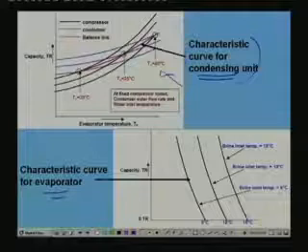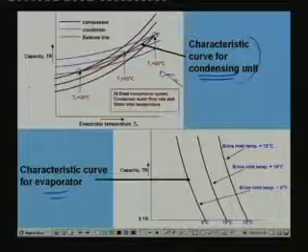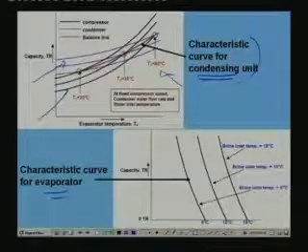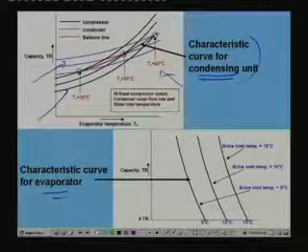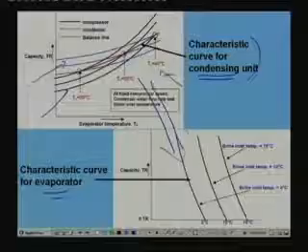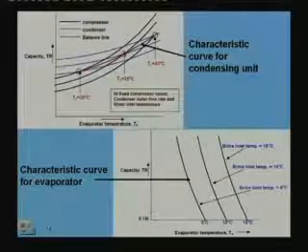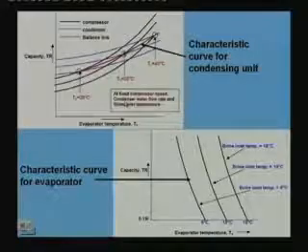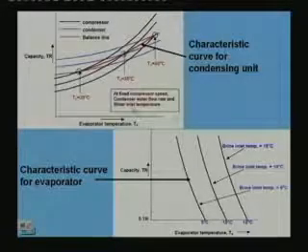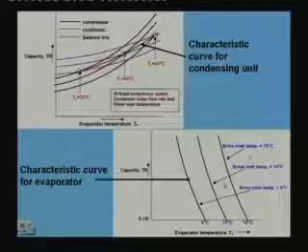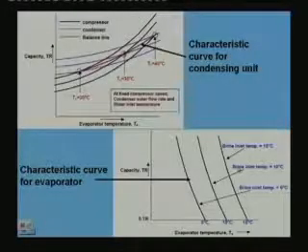Remember that this condensing unit characteristic curve we obtained by superimposing the condenser lines and the evaporator characteristic lines. Now we superimpose this onto this, and remember that this is at fixed compressor speed, fixed condenser water flow rate and condenser water inlet temperature, whereas the evaporator temperature is for the fixed brine flow rate and different brine inlet temperatures.